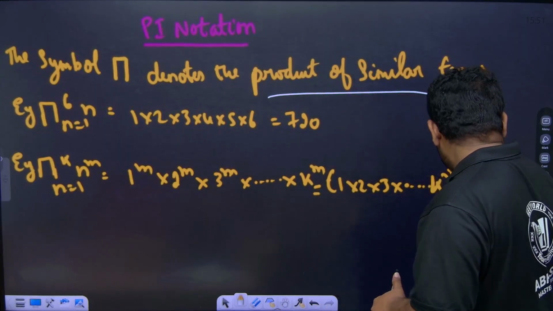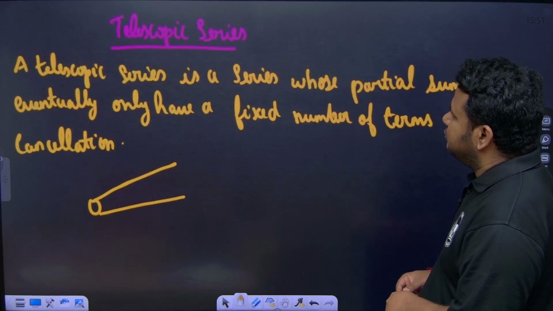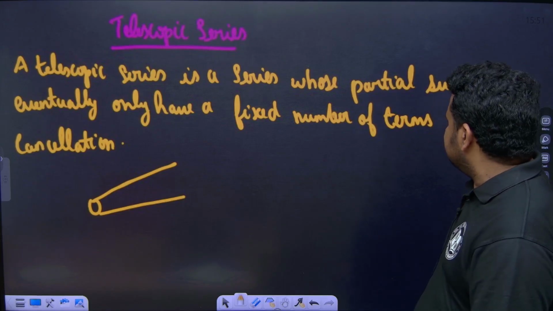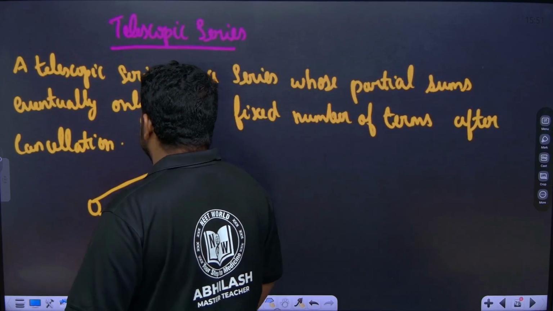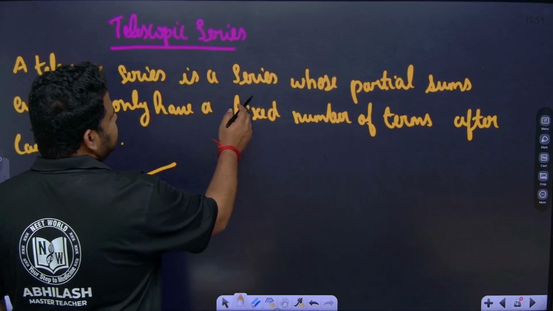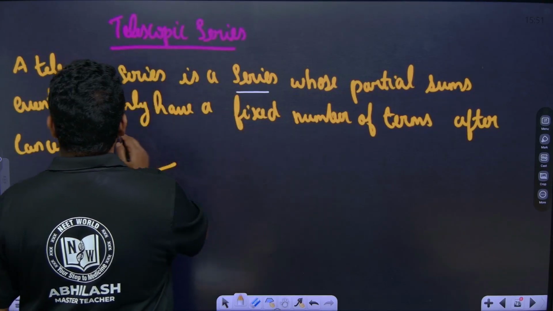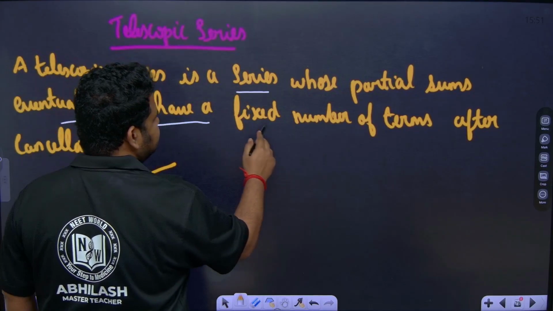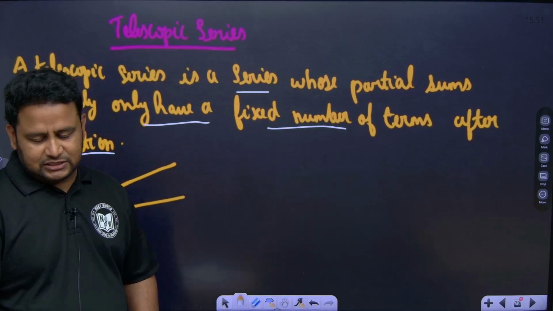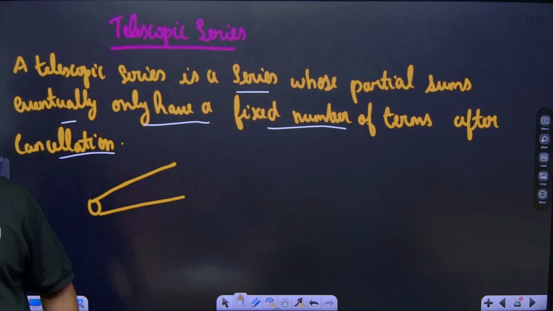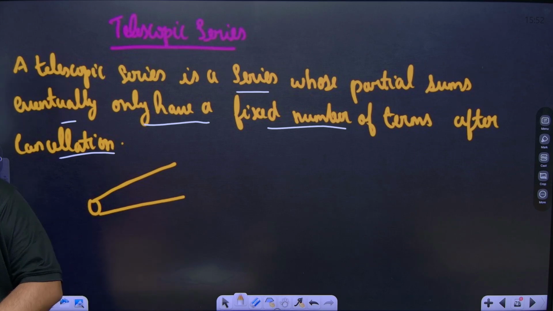Next thing, telescopic series. A telescopic series is a series whose partial sums eventually only have a fixed number of terms after cancellation. We have already done a question on this, but I didn't say it was a telescopic series.